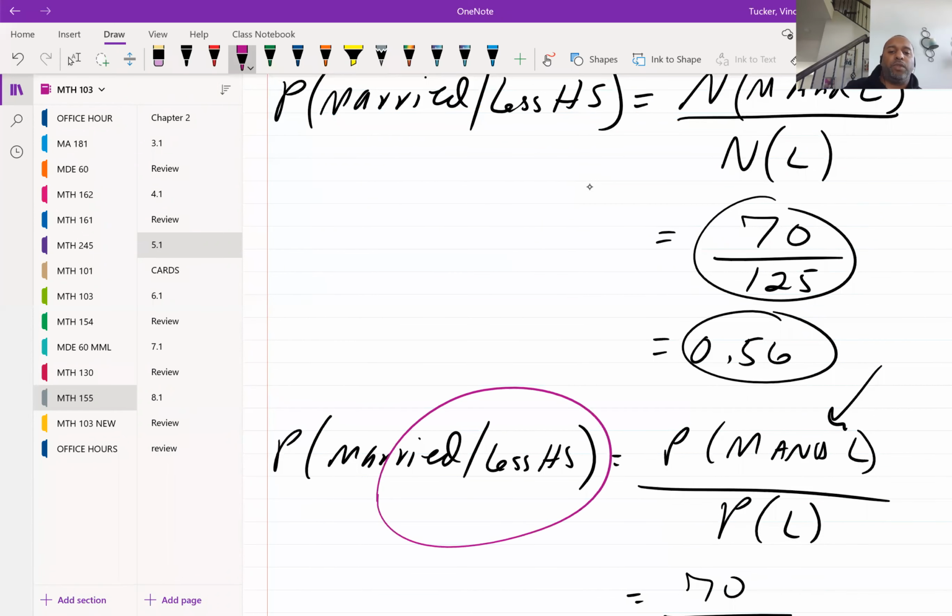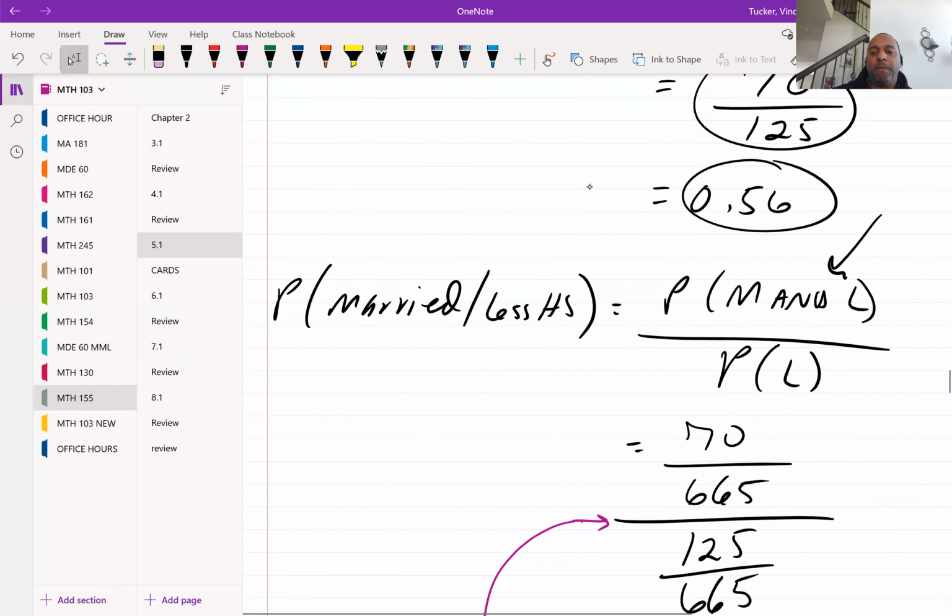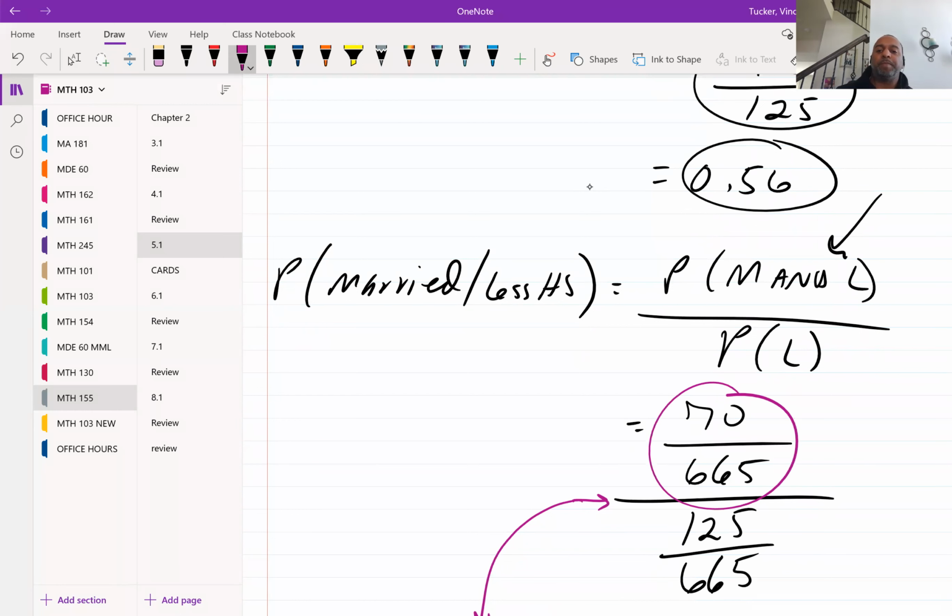Now here, I was just showing you the other way. If we want to do probability over probability, instead of just taking the numbers of the categories. So what happens is the probability of being married and having less than a high school degree is 70 over that 665. Remember, 665 is our total number. That's our sample space. So you place that over that.